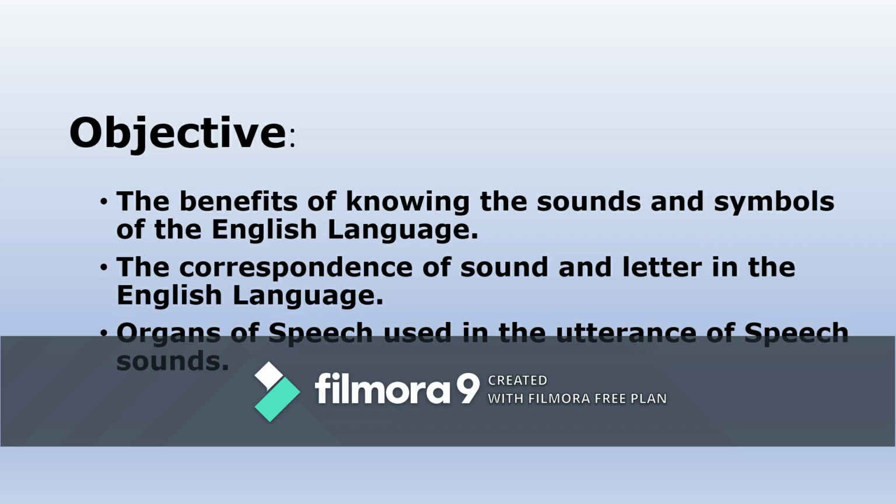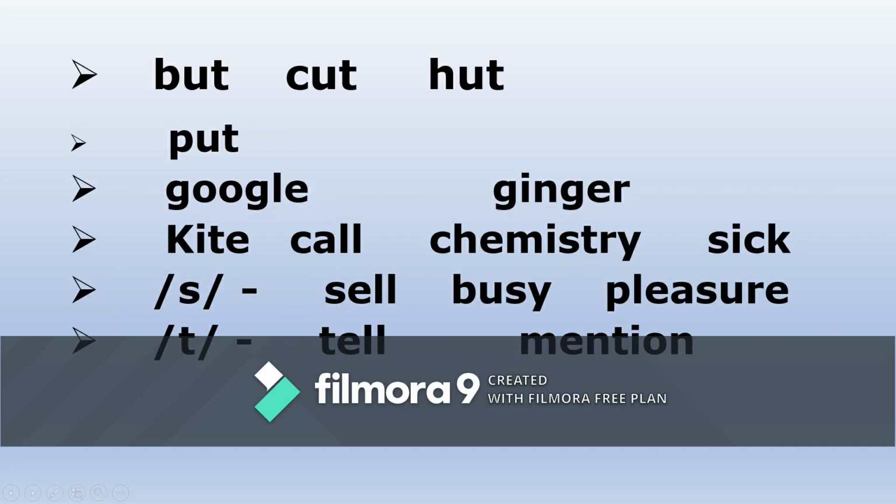Now, let us see a few examples. But, cut, hut. In the same way, put. If you look at the above examples, but, cut, and hut, here U sounds as a, but in the word put, it sounds like u.